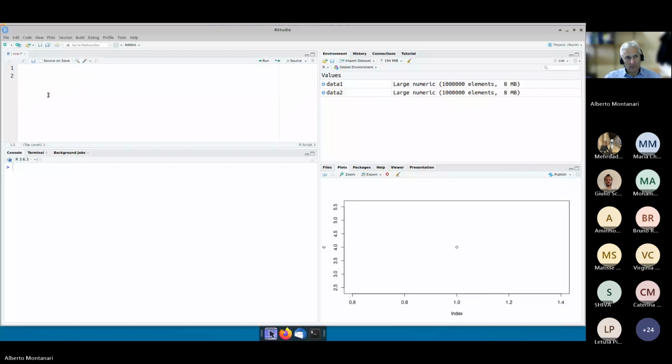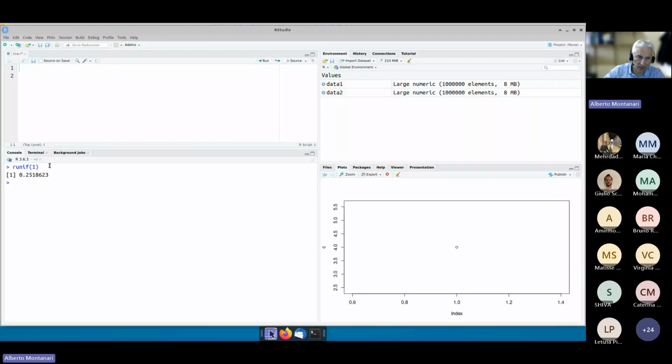So I mentioned the experiment of tossing a coin, and let me go to the console. Can we reproduce such an experiment in R? Yes, of course. First of all, let me start by saying that in R you can generate a random number in the range 0, 1 by using the function runif. So runif, and you give as an argument the number of variables that you want to generate. runif 1, you see the result is 0.25.